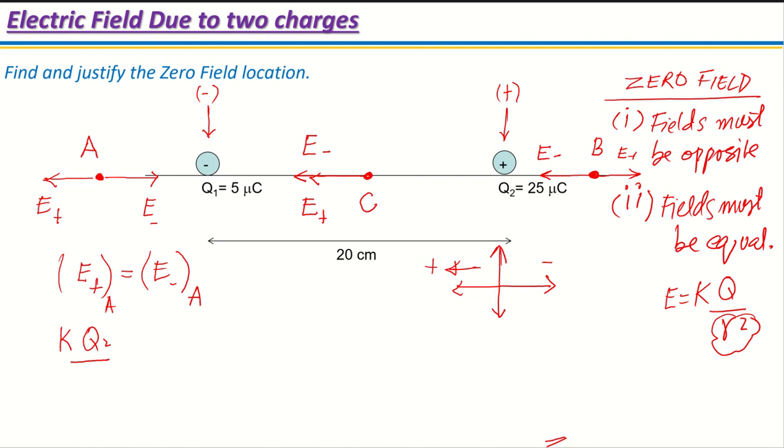There is an advantage to considering this: then only your positive answer is possible. So from Q2 to the point A, the distance could be 20 plus x.